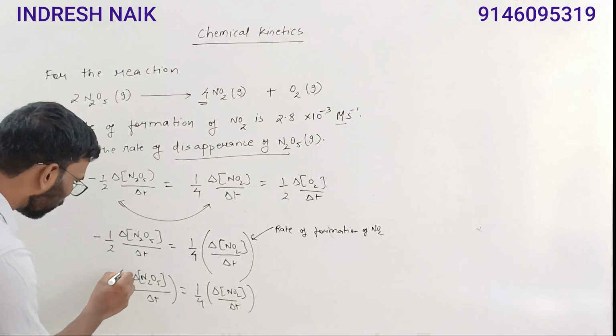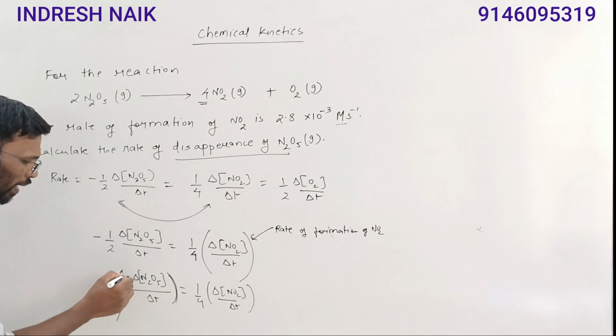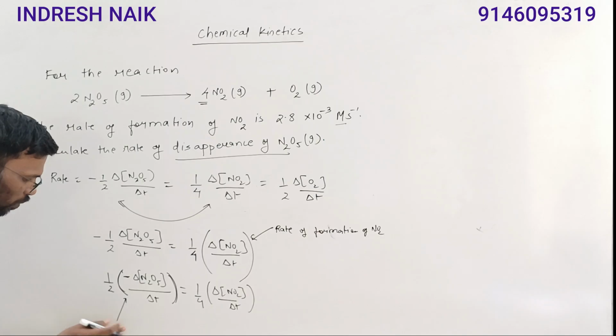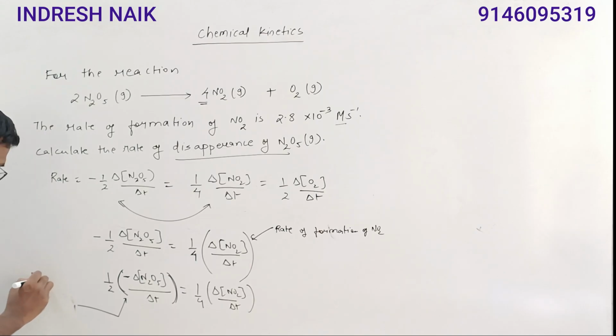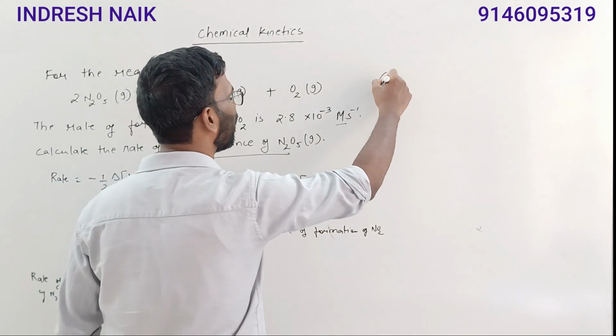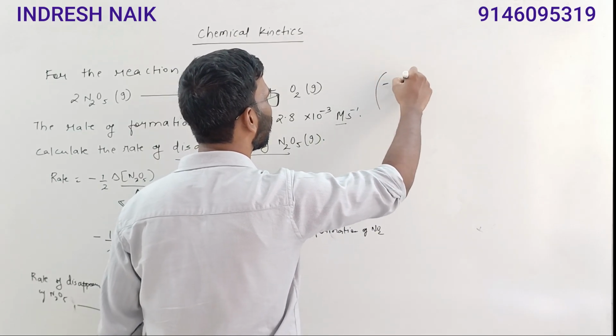So what is this bracketed term? I have taken that minus sign inside. So including that minus, this is what? Positive. This is rate of disappearance. This bracketed term is rate of disappearance of what? N2O5.